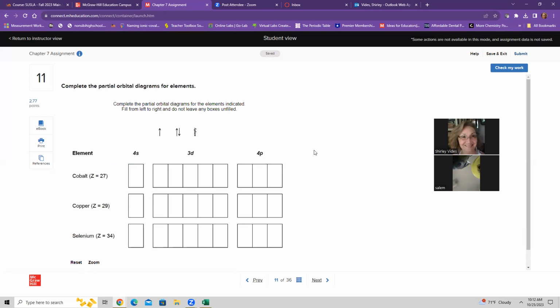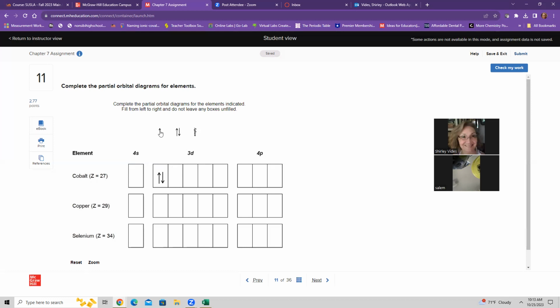Okay, so periodic table, basically, and you're just gonna take, okay, so cobalt. Cobalt is all the way to 1, 2, 3, 4, 5, 6, 7. So it's 7 in the d's. So we're gonna do the d's first. It's gonna be here, right? And it's 7 of them.